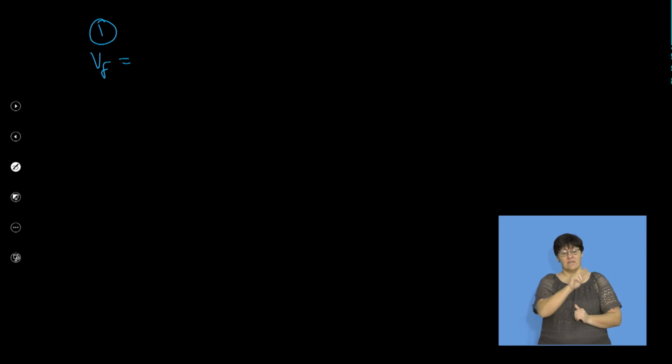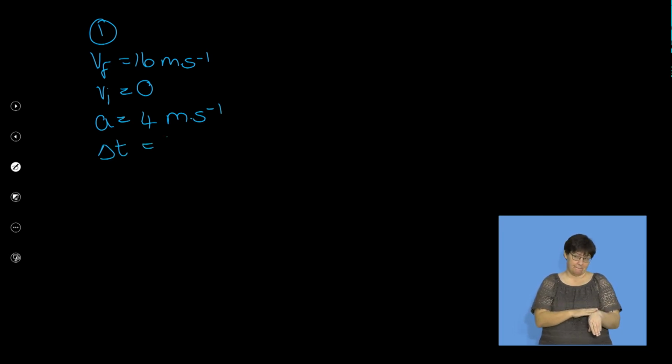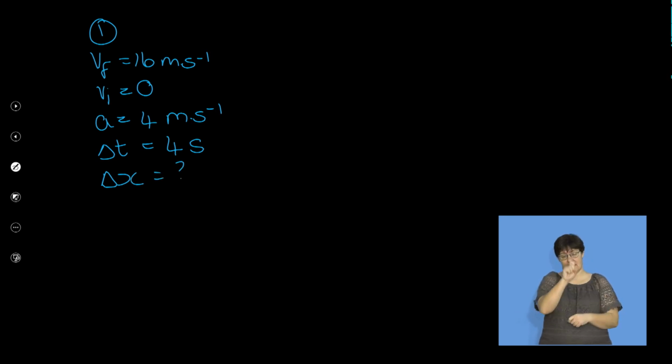So for the first motion, so this is for the first 4 seconds, Vf is 16, we worked that out. Vi is 0. A was 4. Time was 4. And I want delta x. Right now, you can actually use any of the equations because you've got so much information. Choose the equation that's going to make life easiest.